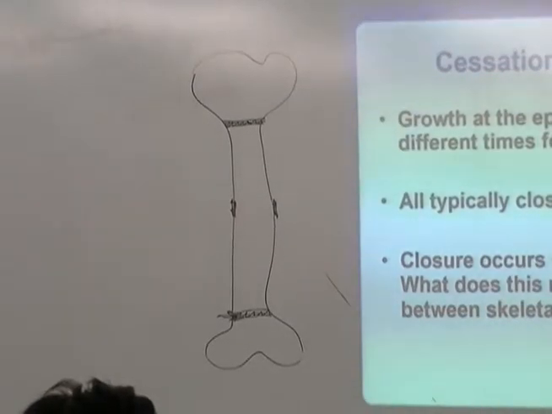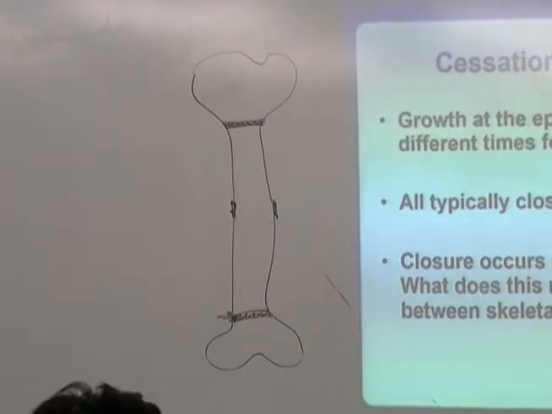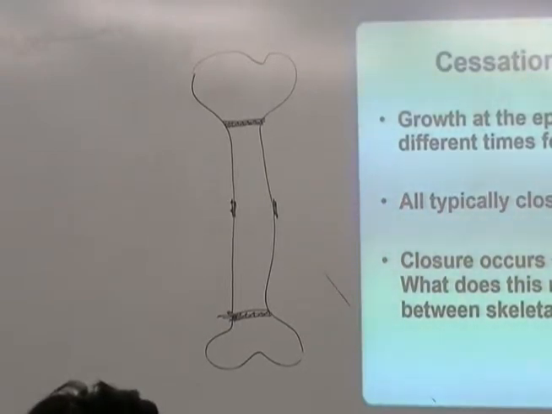So the growth, the laying down of cells at that plate, stops at different times with different long bones. So my arms stop growing at a different time to my legs, my toes stop growing at a different time to my legs, my fingers might stop sooner or later than my arms, typically a little bit later because of our laws of direction.